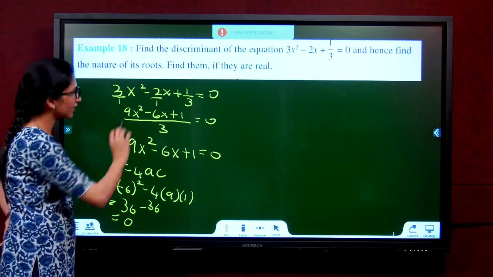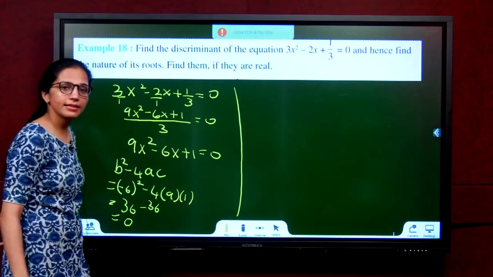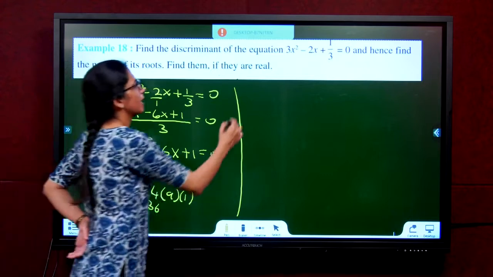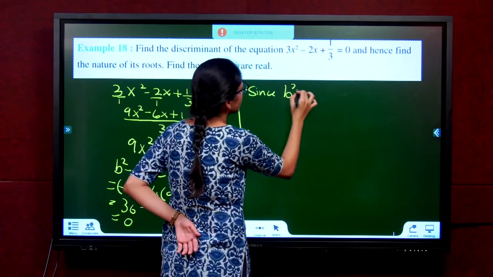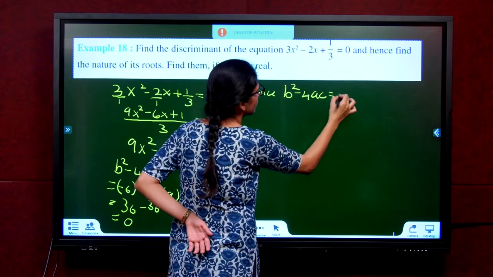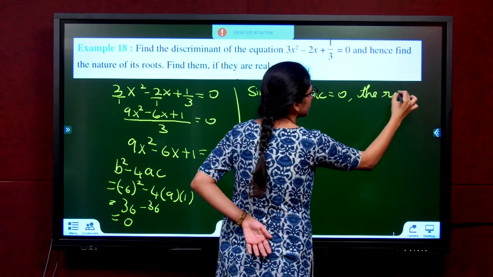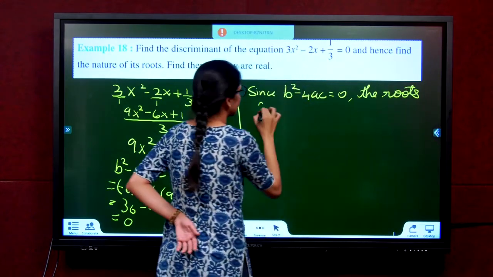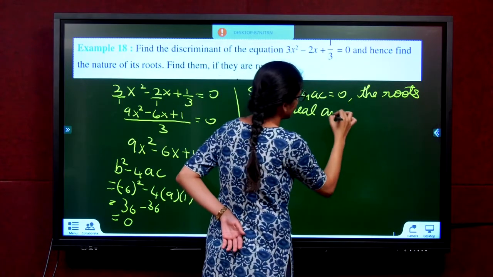So the value of the discriminant we have found is 0. What happens when the discriminant is 0? What is the nature of the roots? It is real and equal. Since b square minus 4ac is equal to 0, the roots are real and equal.